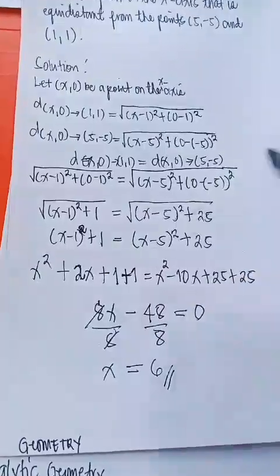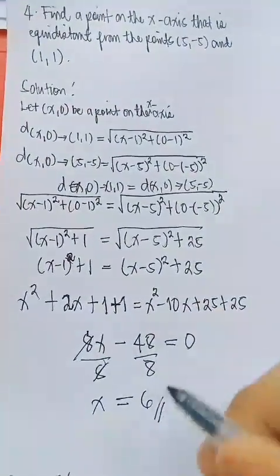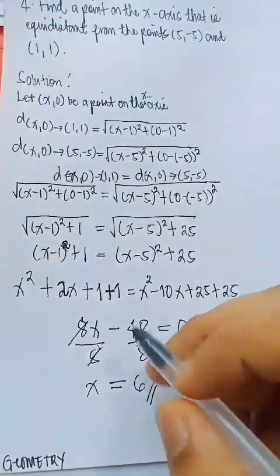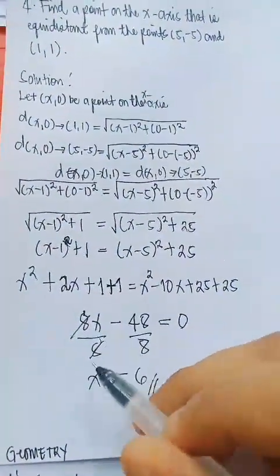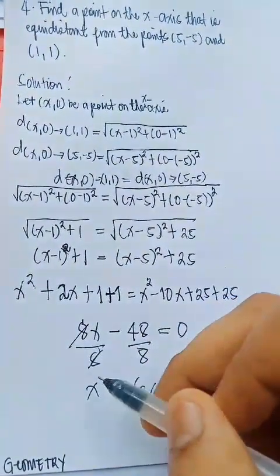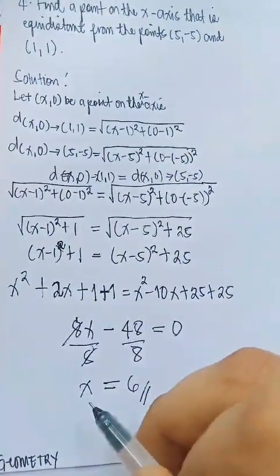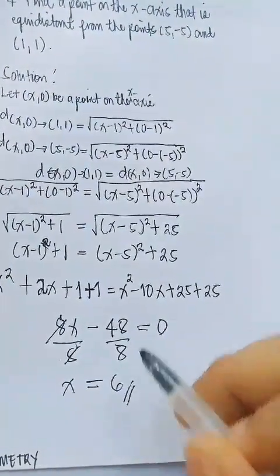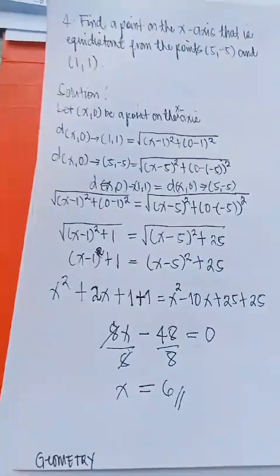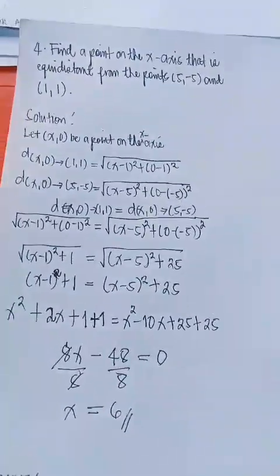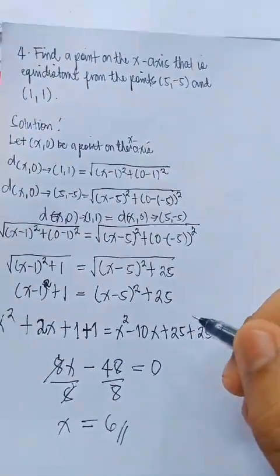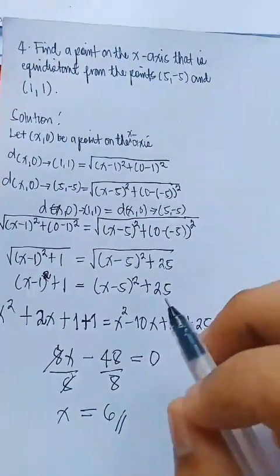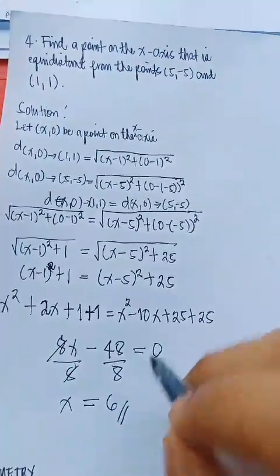But since we're looking for the value of x, we just divide both sides by 8. That's why we cancel 8 and x remains. And 48 divided by 8 will give us 6. So the point on the x-axis that is equidistant from the points (5, -5) and (1, 1) is 6.